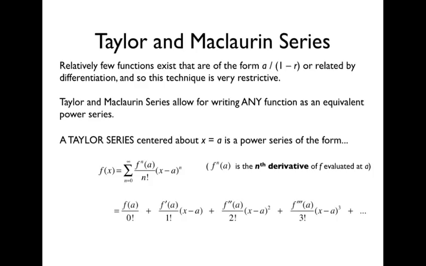What does this mean? The 0th derivative is just the function, evaluating the function at a, so it'd be f of a over 0 factorial. Then the first derivative taken at a times x minus a over 1 factorial, etc. Second derivative evaluated at a, x minus a squared over 2 factorial.